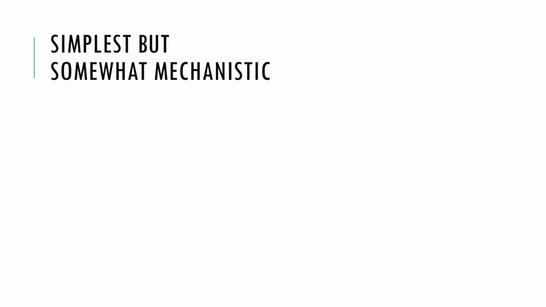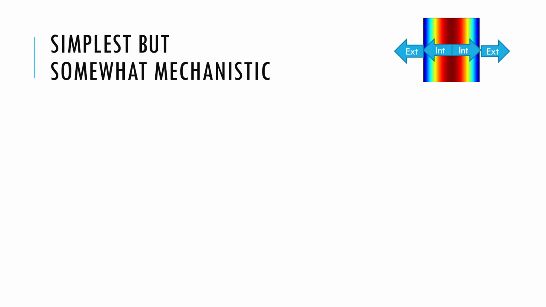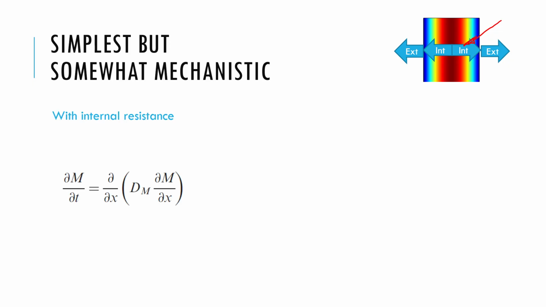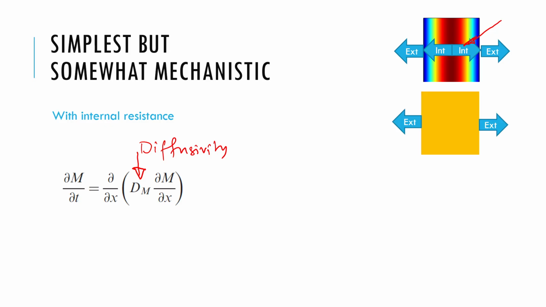In our previous video, we described a diffusion-based drying model where there is significant internal resistance, and the process can be described by the diffusion equation where D is my diffusivity of moisture. Now, there are special cases where the internal resistance can be small compared to the external resistance.